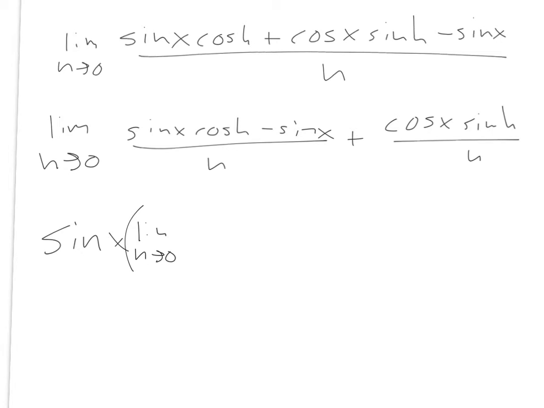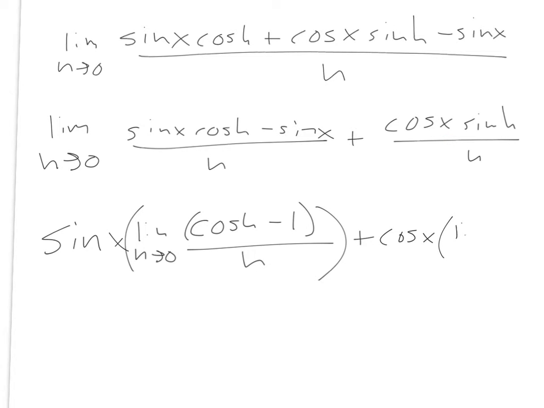And so what's left is cosine h minus 1 over h. That's the whole left. Now, plus, I'm going to put this limit symbol over here with this guy. And the same thing is true, though. This cosine x I could factor outside. So I'm going to write this as cosine x, the limit as h approaches 0 of sine h over h.